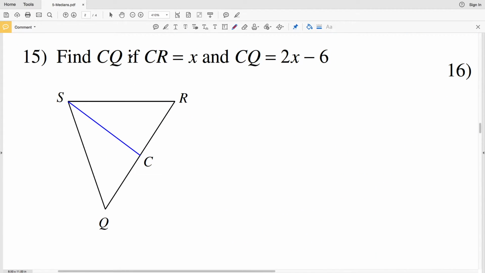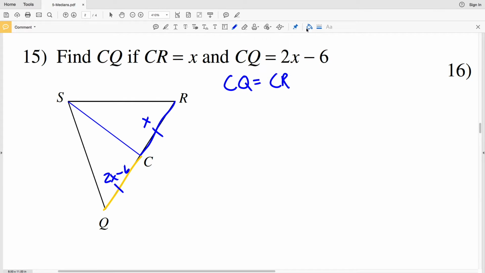And number 15, I'm finding CQ, given that CR equals x and CQ is 2x minus 6. So as opposed to finding x, I'm finding CQ. And I know that CQ is congruent to CR. So CQ equals CR.